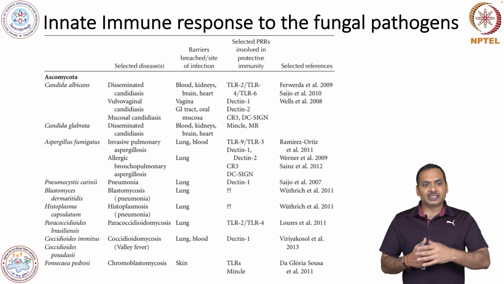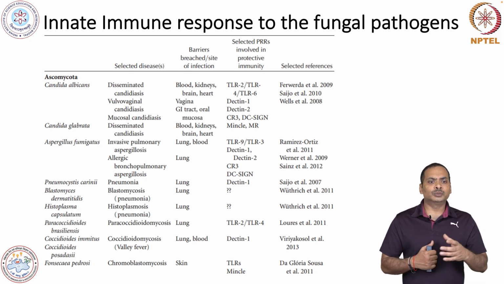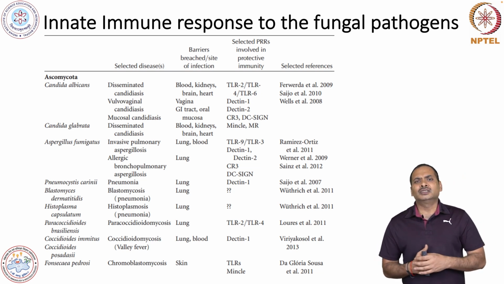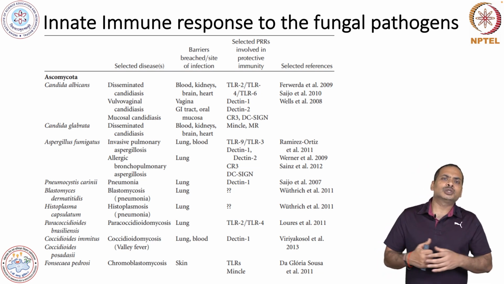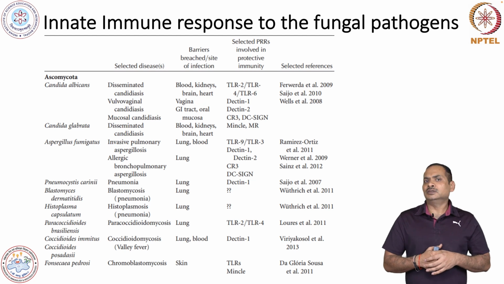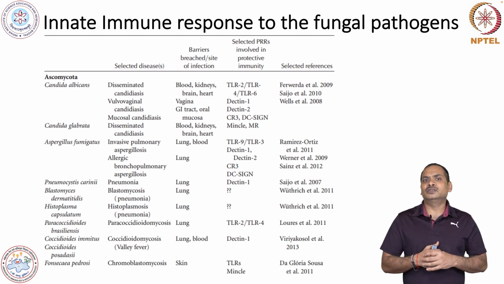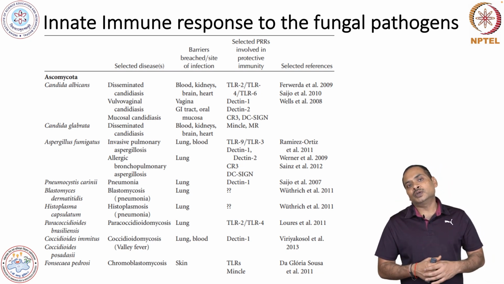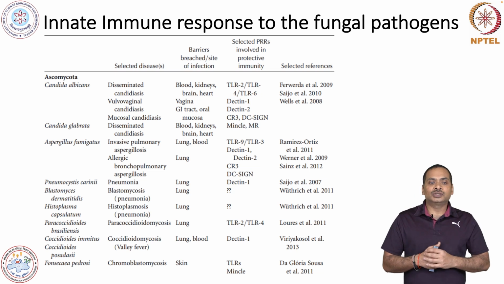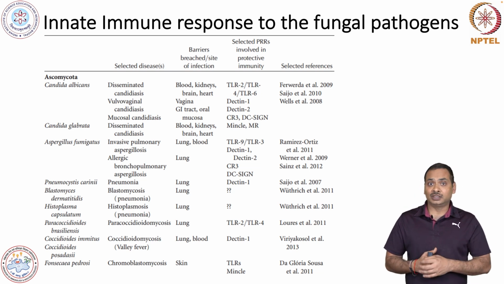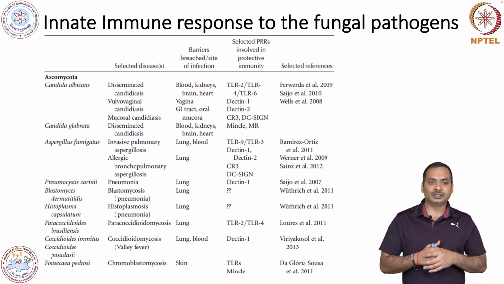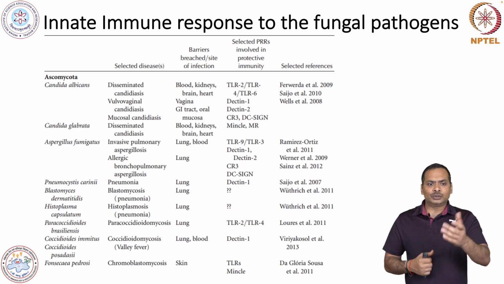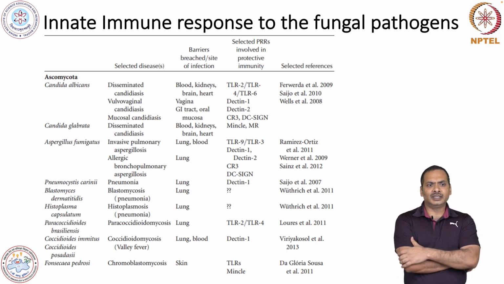Similarly, all details are given about Pneumocystis carinii, which is mainly associated with individuals infected with HIV, human immunodeficiency virus. Those individuals are quite susceptible to Pneumocystis carinii or Pneumocystis species fungus. These are all the details.